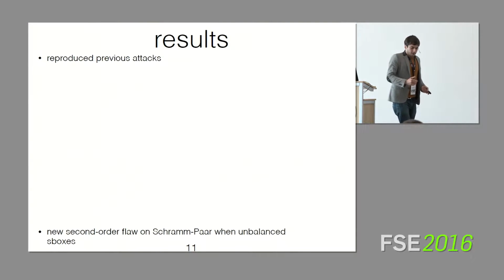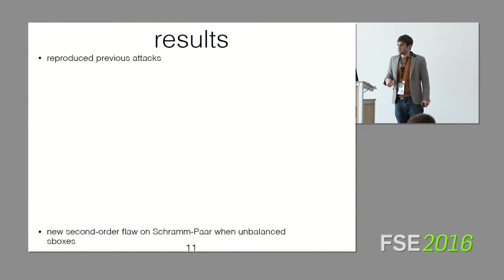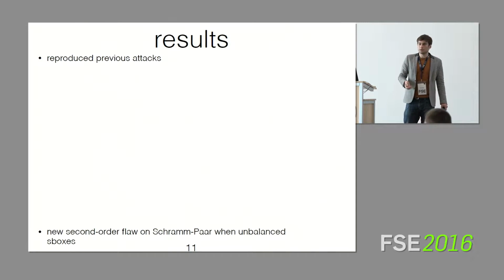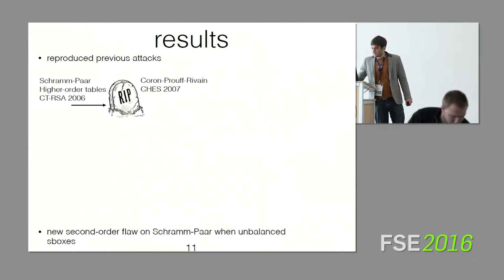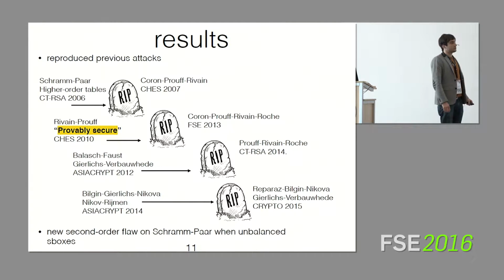So also in the paper we write on some results that we got from this tool. So we reproduce the flaws that some other people found, right? So we implemented a bunch of masking schemes and ran them through the tool and rediscovered what was already known.